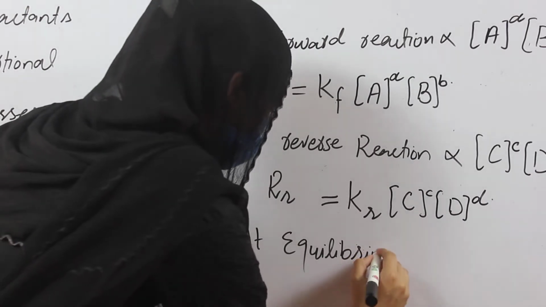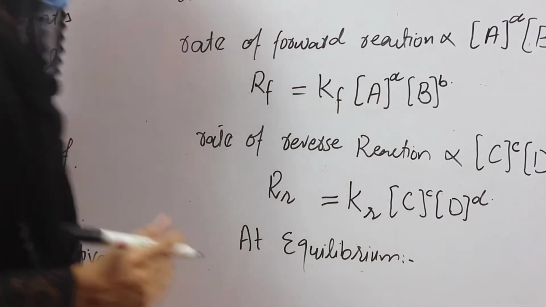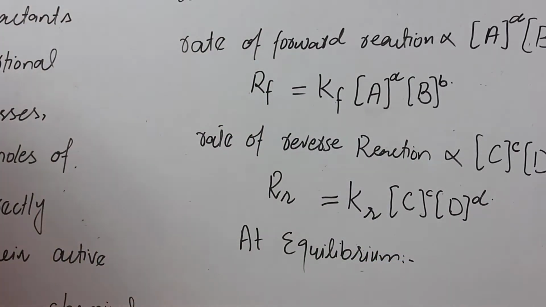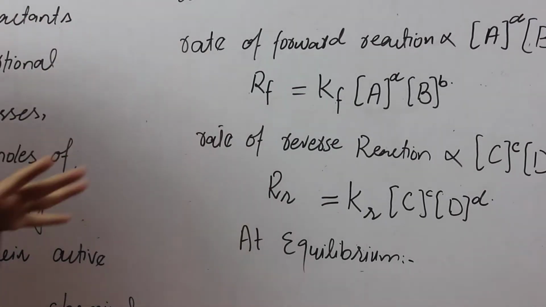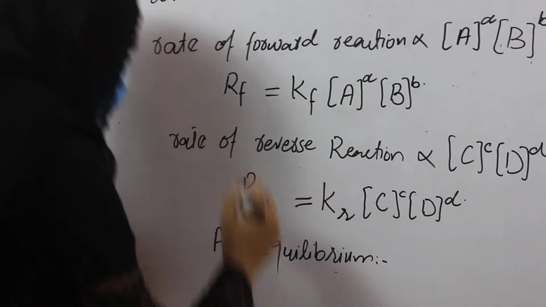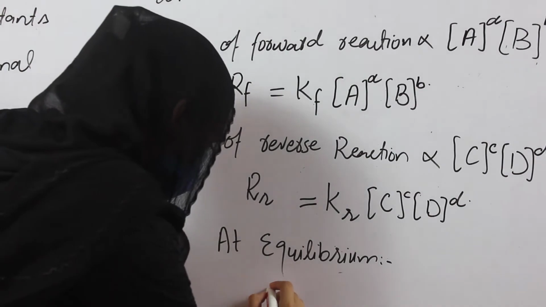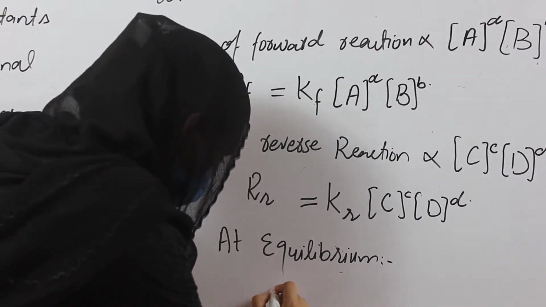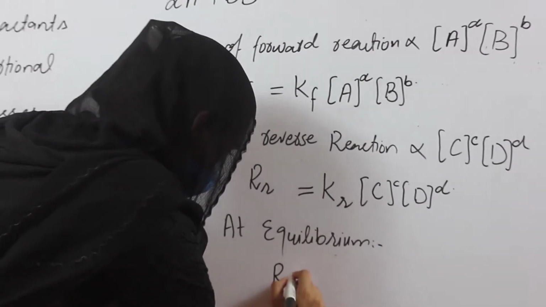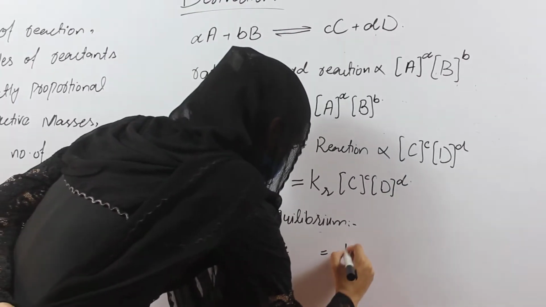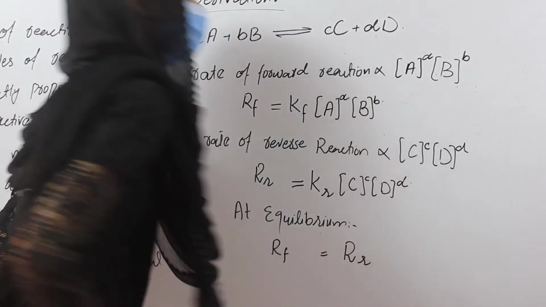Means if we are given equilibrium conditions, how do they all occur? In equilibrium condition, if you remember, the rate of the forward reaction is equal to the rate of the reverse reaction.